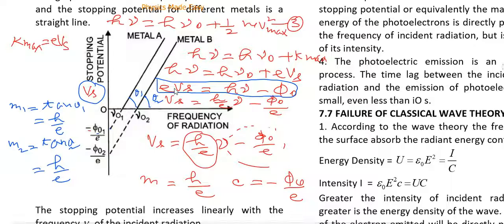So, summing up in two sentences: in a graph between kinetic energy and frequency, the intercept gives us the work function. This length is the intercept in the first diagram for metal A, and this is the intercept for metal B. In the second case, if the graph is between stopping potential and frequency, the intercept gives us the work function divided by the electronic charge.